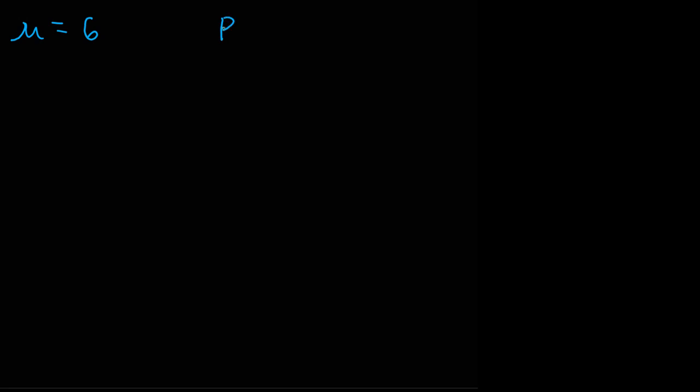Now, our formula for the Poisson distribution is going to be the mean to the power of the variable we're looking for, times the natural exponential, Euler's number, to the negative mean, over the factorial of x. Now, this is a complicated calculation, and for a problem like this, we'd have to repeat this calculation over and over again.